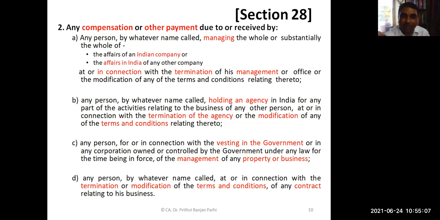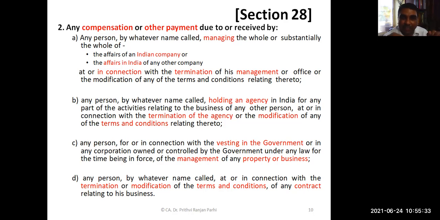If it is an Indian company, the person is managing the whole or substantially the whole of the affairs of the Indian company, or if it is a foreign company, this person is managing the affairs in India. By whatever name called, he may be called the managing director or anything. Then if he has received any compensation, why will he receive compensation at all?